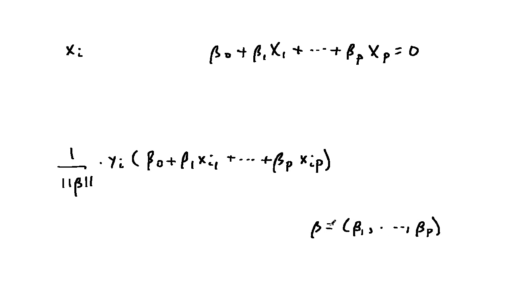So this beta is not including beta 0. Okay, the proof of this claim, that the perpendicular distance between xi and this separating hyperplane is equal to this expression, you can find in an optional video or document titled Proof 1.